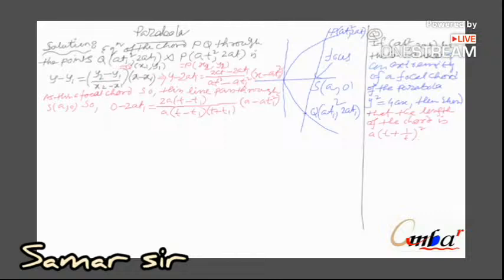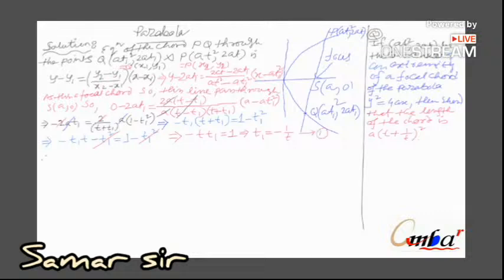After simplifying, we got tt1 equal to minus 1 actually. Now this step here is 2 minus 2at1, 2 by (t + t1) into a into (1 − t²). A is cancelled and 2 is cancelled. Then we got t − t(t + t1) equal to 1 − t1². So we got tt1 equal to minus 1. So t1 is equal to minus 1 by t.